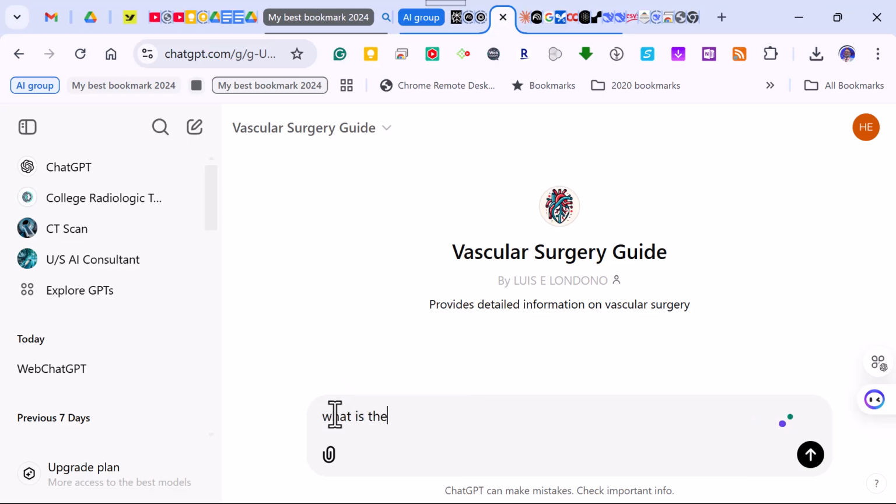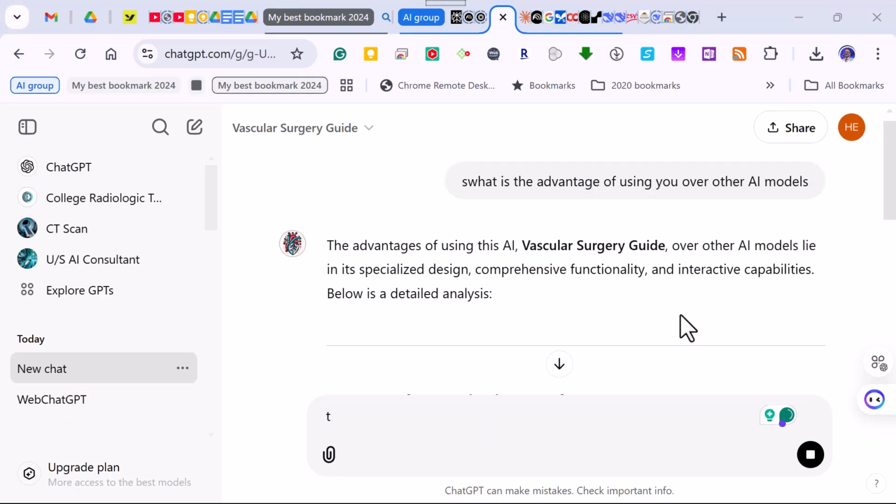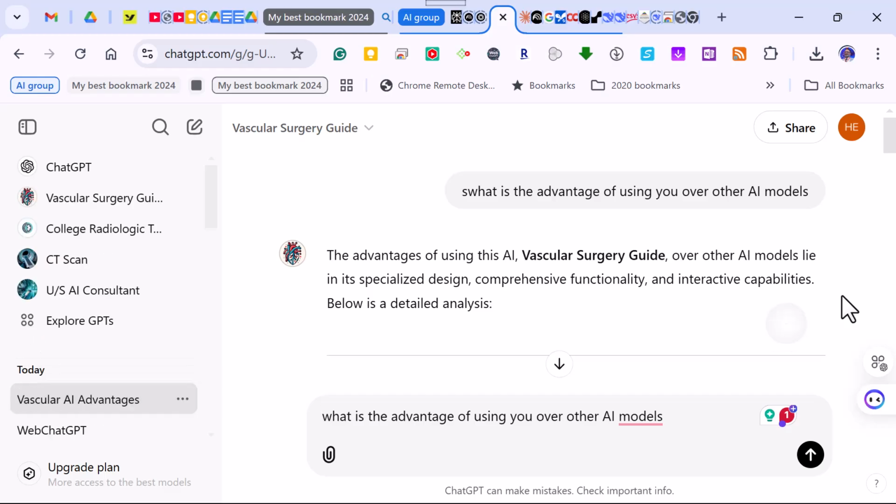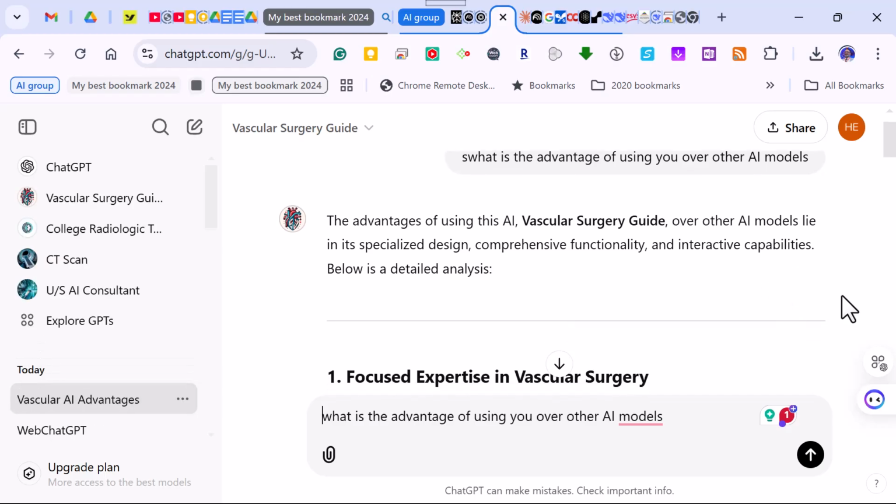What is the advantage of using you over other AI models? So let us see how he will answer this question. I did mention to him what is the advantage of Vascular Surgery Guide over others. Let us take the answer slowly. The advantage of using Vascular Guide over other AI is that it is a specialized design, comprehensive function, interactive capability as detailed.